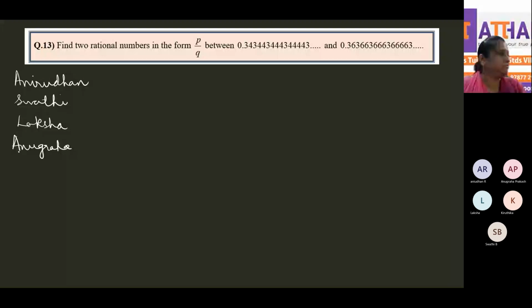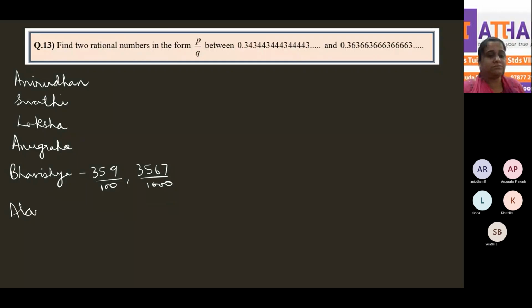Who's ready here? Niveda? Kamalika? Bhavishya? I won't say if it's right or wrong, but I'll just take it down. 359 by 100. Okay, fine. Then Sahana? Renu? Swati? Ma'am, I have written 354 by 1000 and 356 by 1000.